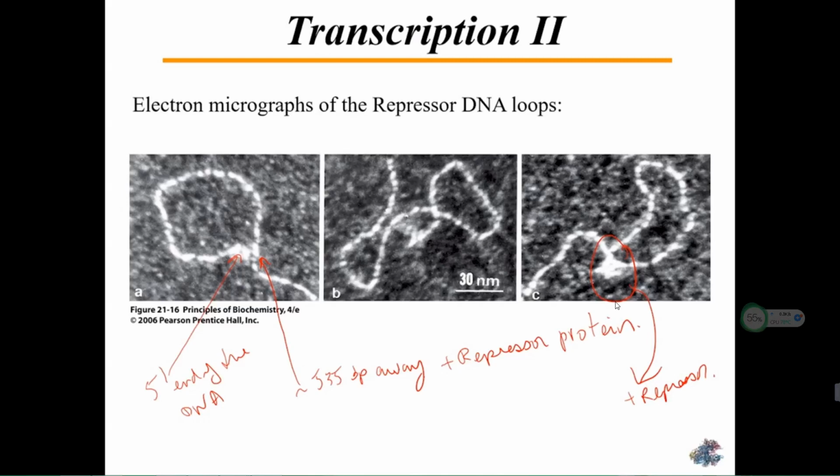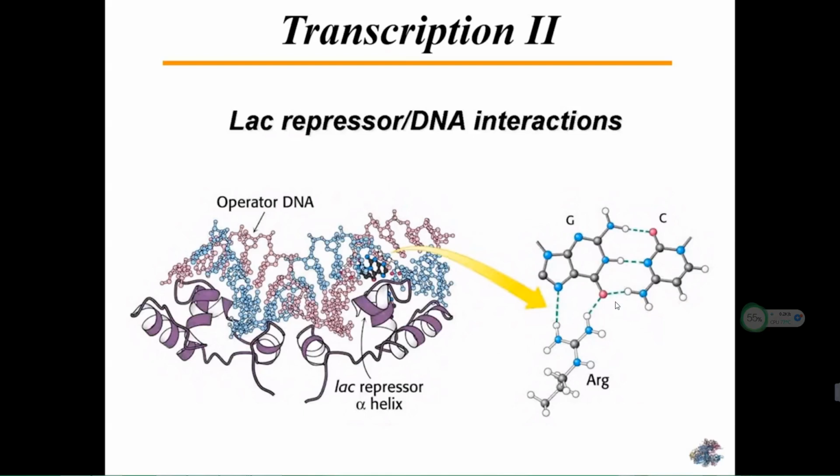Okay, so we've just depicted how the repressor binds in a cartoon diagram, but we're now going to focus at the molecular level and see what's going on when we have the repressor binding.